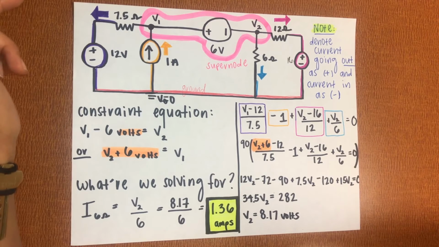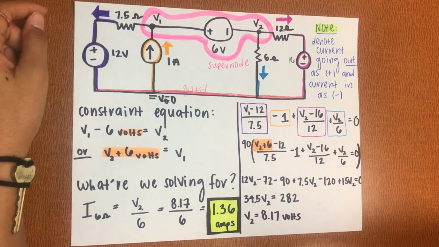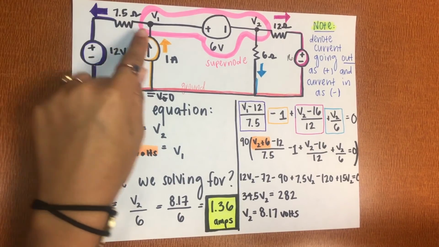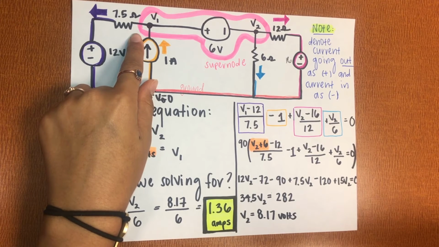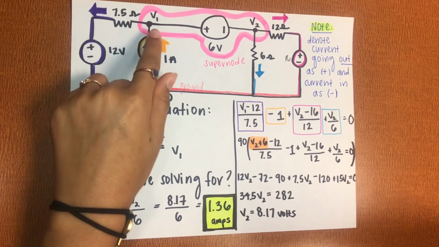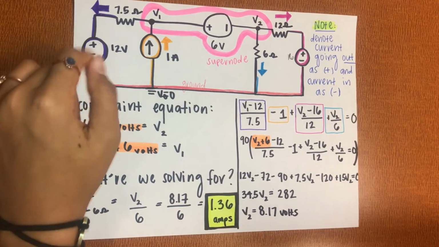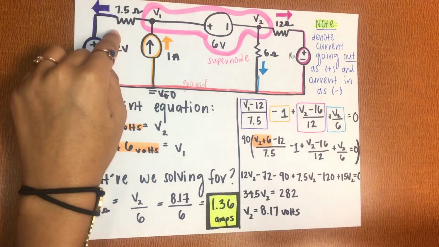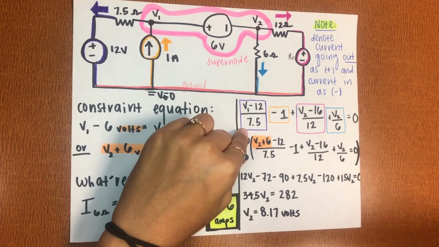Now we want to use node voltage method to solve for V2. We say that there are 4 currents entering and leaving the system, starting with the purple. We say, using Ohm's law, that V1 minus 12 volts to ground over 7.5 ohms is the first current leaving the node.